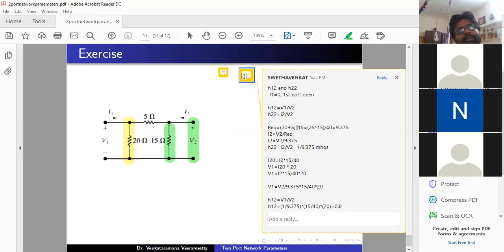If you have any doubt in solving these parameters, you can WhatsApp me or call me, and I will clarify. However, try to understand the concept. No need to memorize the problems. If you understand the concept, it is easy to calculate the parameters of any given two-port network.